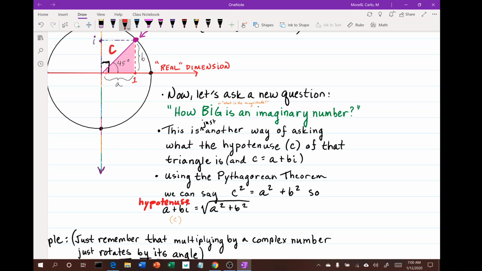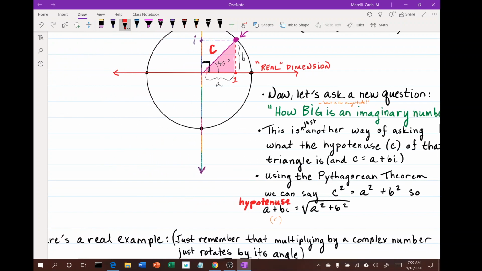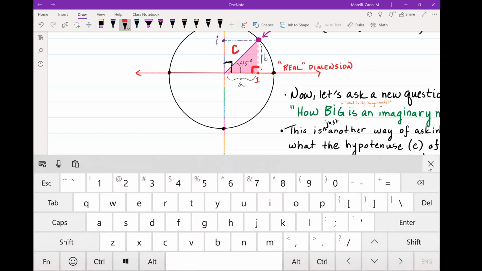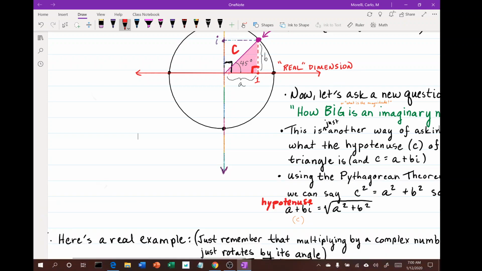We take the square root of the sum of the squares of the other two sides of that right triangle. And I should note, this is a right triangle right here, so a squared plus b squared equals c squared.